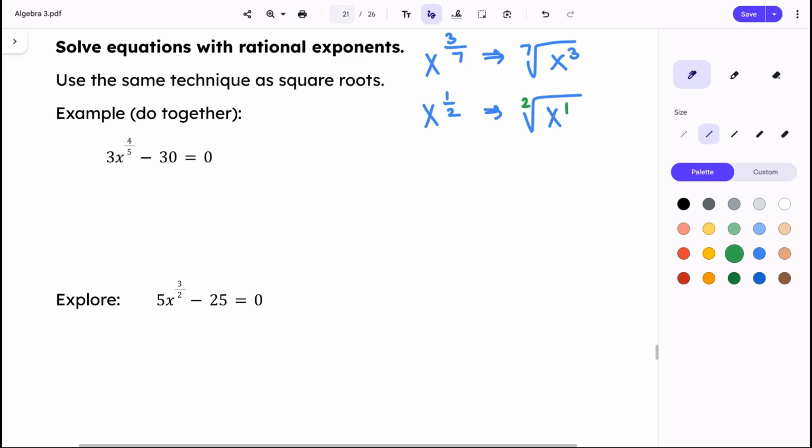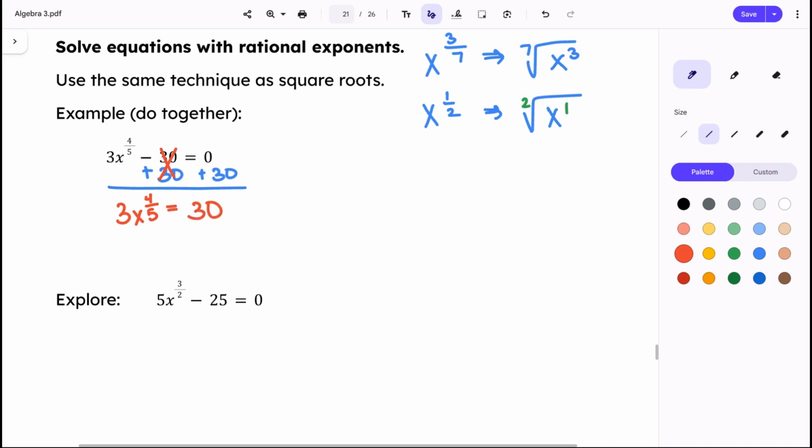So for example, on this first one, before I rewrite anything, I'm going to move this 30 over to the other side, so I'm going to add 30. Now it says 3 x to the 4/5 equals 30.